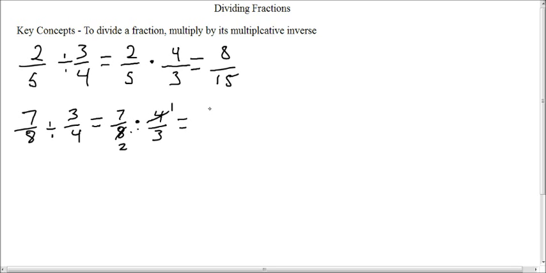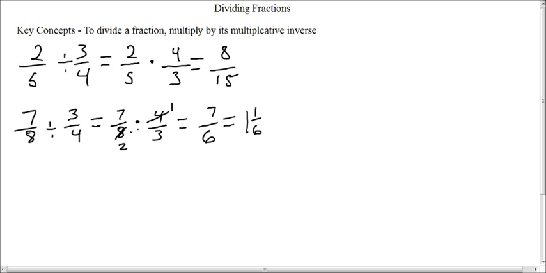So here I will have 7 over 6. Forgive me, I had it wrong. 7 over 6, and that is improper, so remember I said we can go ahead and reduce that to 1 and 1/6.